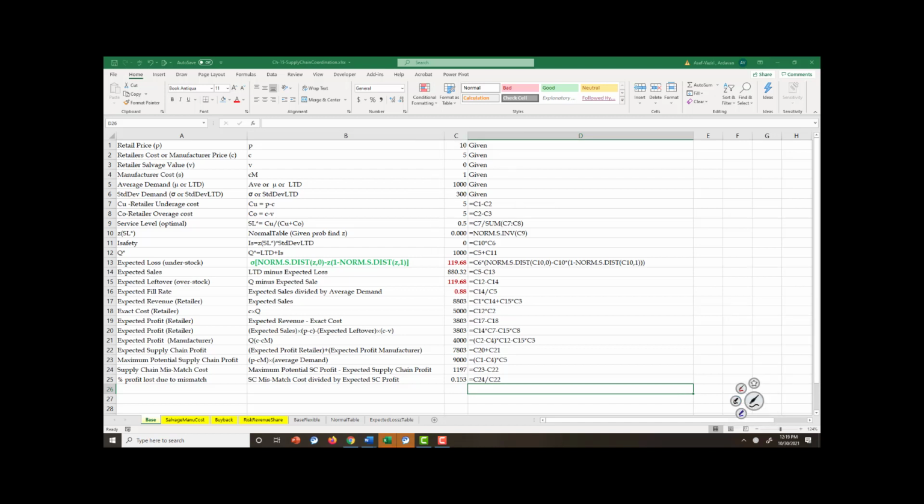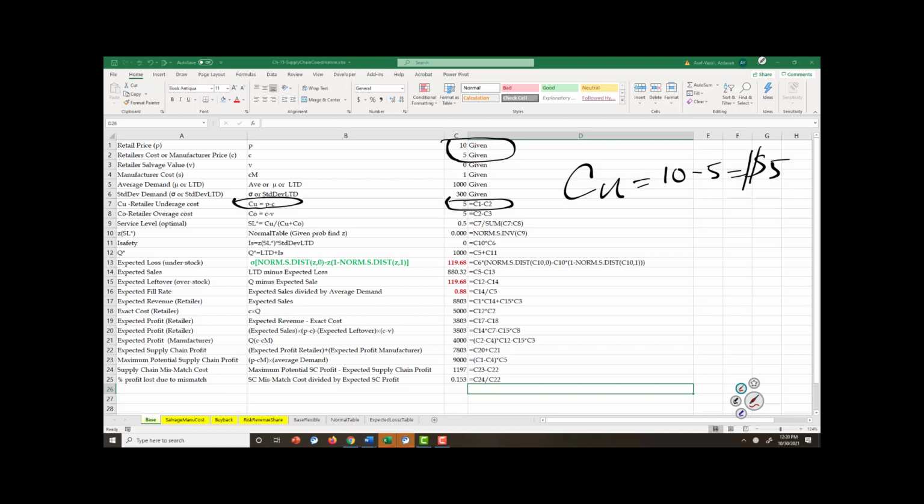Now, during this period, if the retailer does not have the product, but demand is available, then there is an underage cost, CU, which is simply the difference between sales price and purchasing cost, and that is equal to 10 minus 5, which is $5.